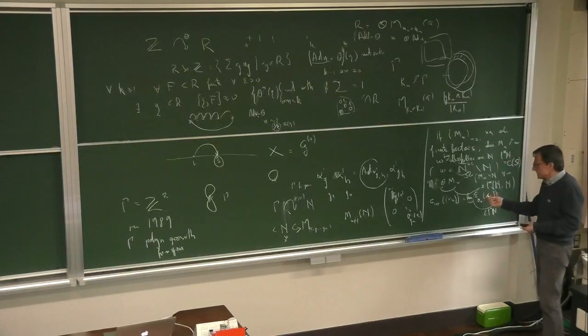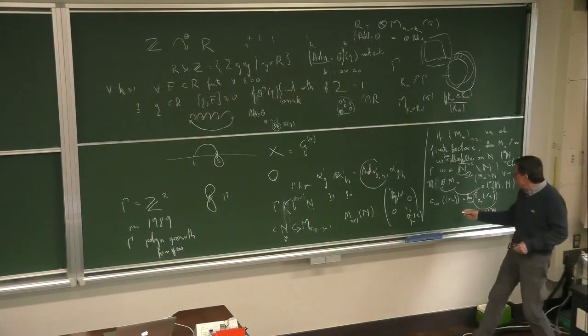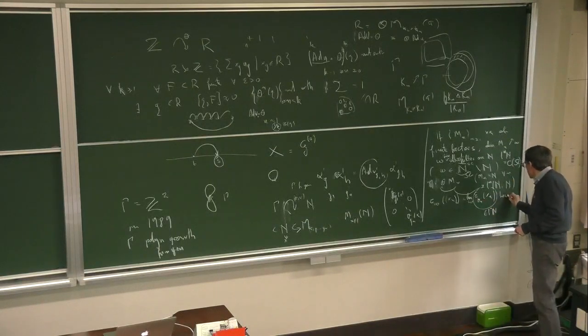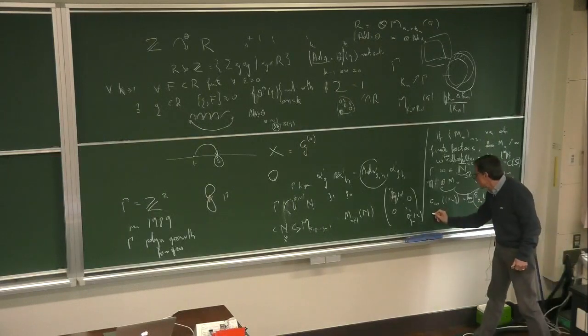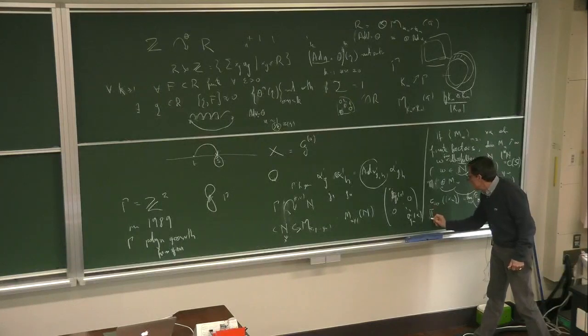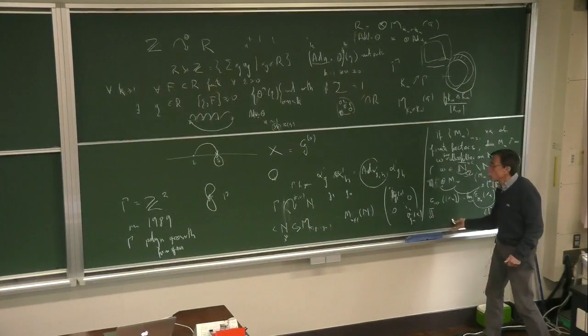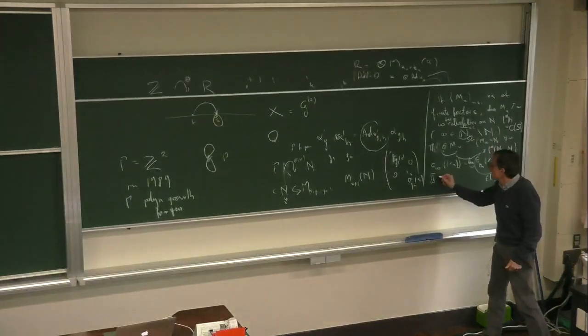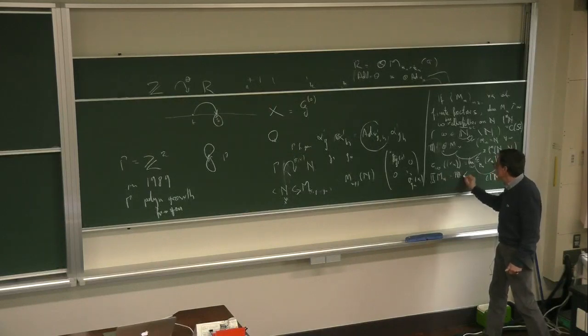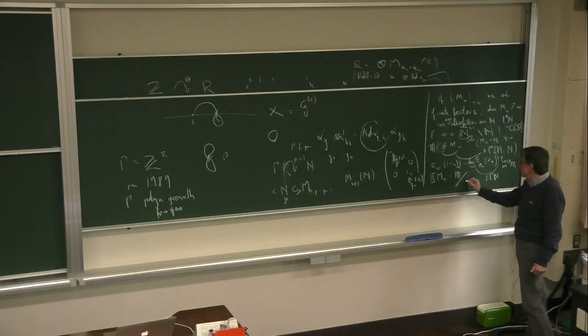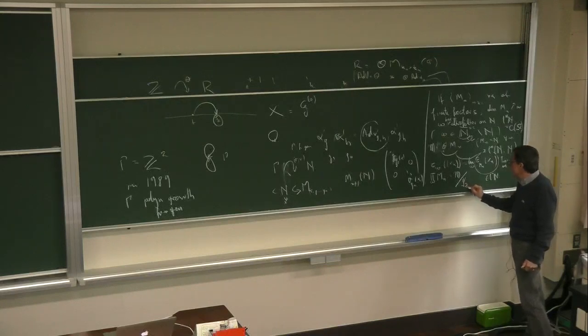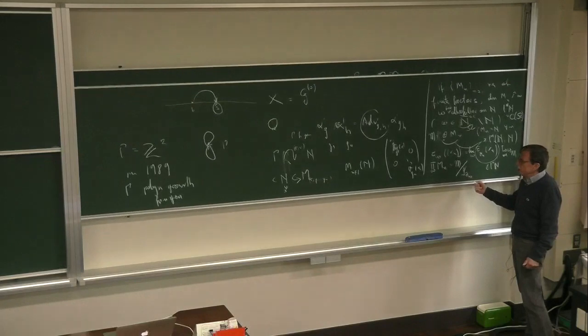So it's a trace on M, and what you do is take the ultra product along omega: the omega ultra product of Mn is M, the quotient by the ideal of this trace.